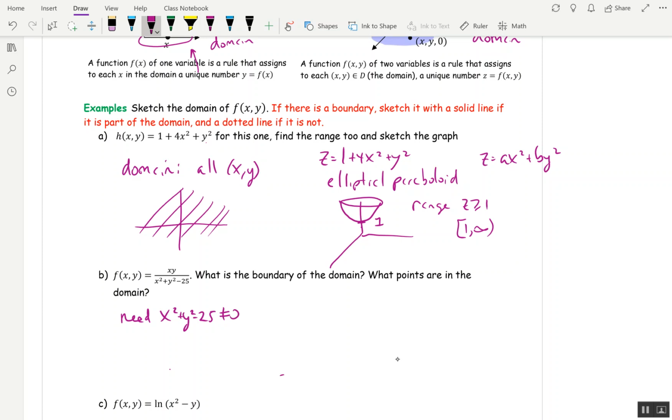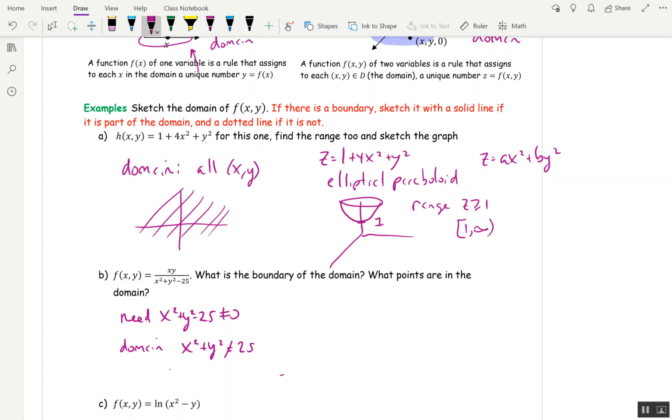So the domain is going to be all xy except x squared plus y squared equals 25. You could write all xy except x squared plus y squared equals 25, or you could just say the domain is all xy with x squared plus y squared not equal to 25.